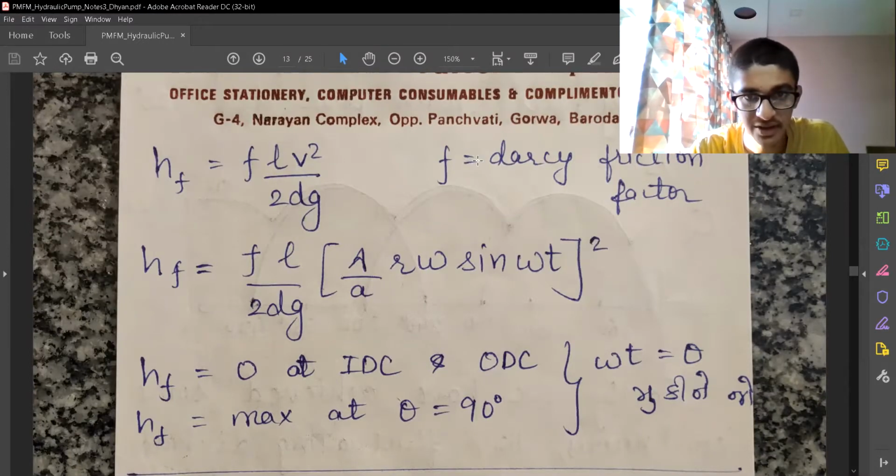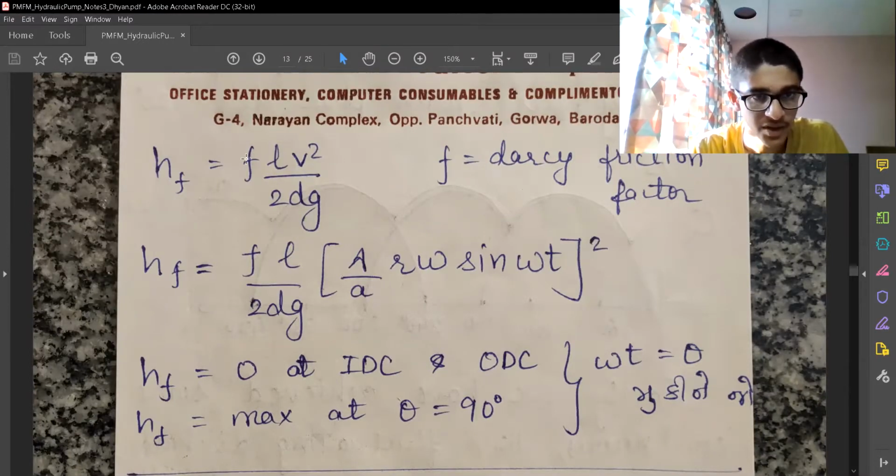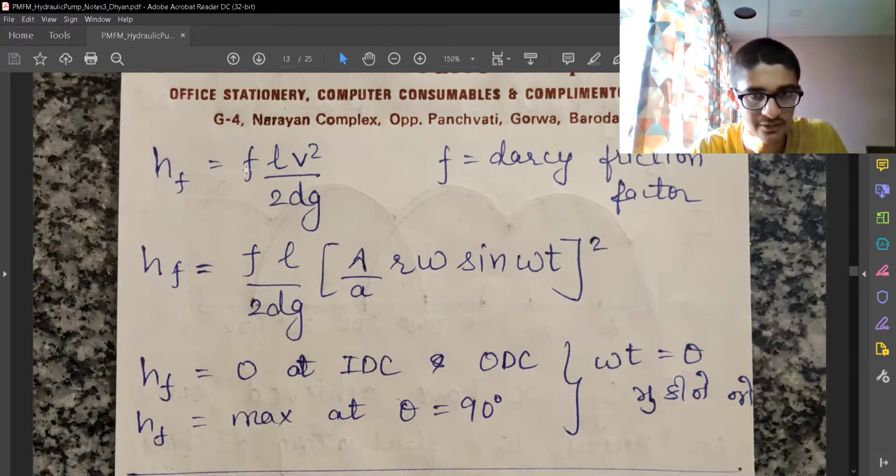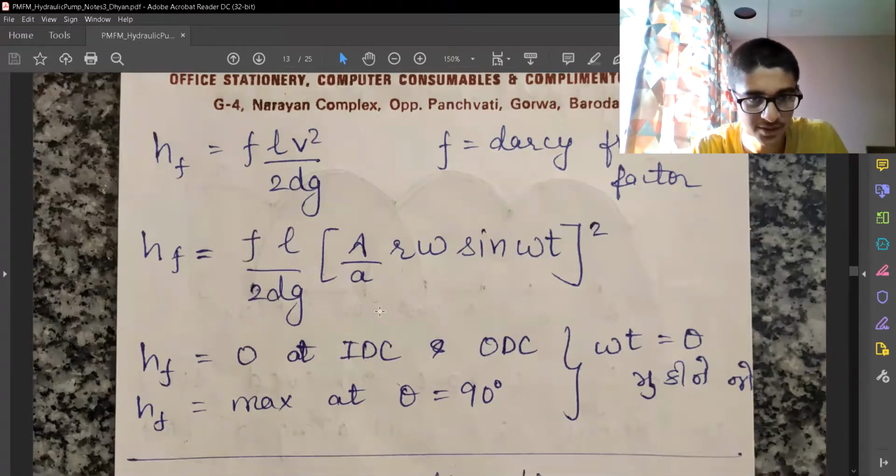If we are given Fanning's friction factor, we'll use the expression hfs equal to 4 f L v square by 2 d g, with f being Fanning's at that time. But over here, the coefficient is 1, so this is Darcy's friction coefficient.